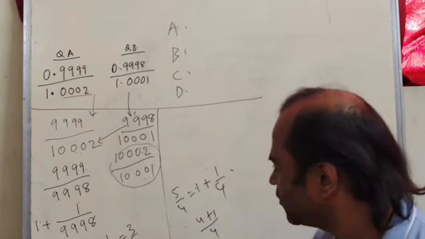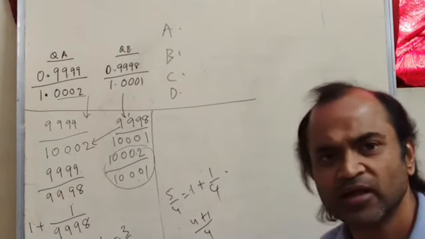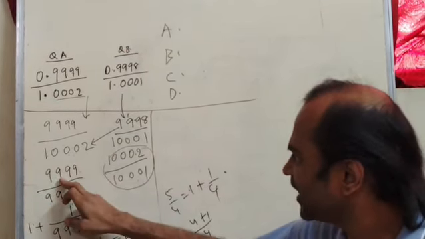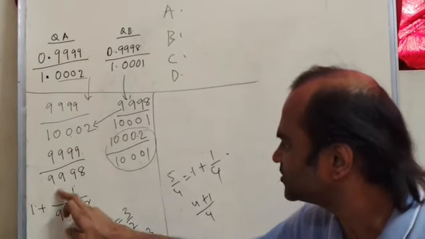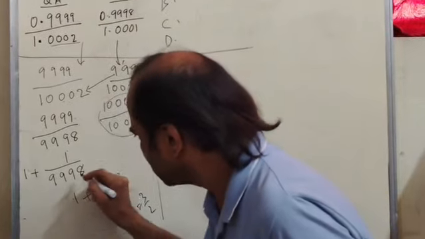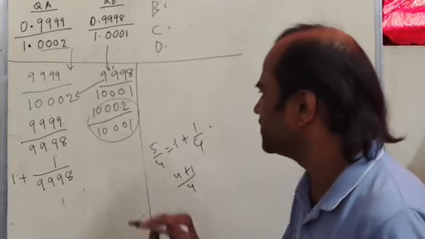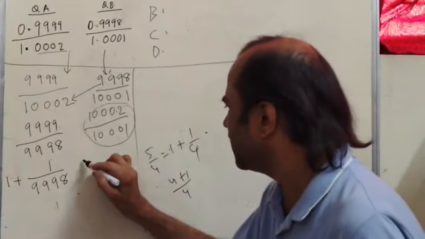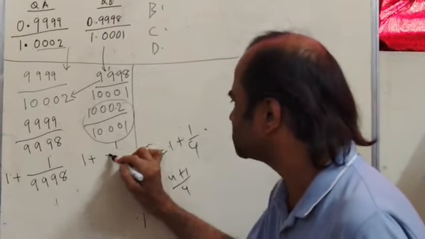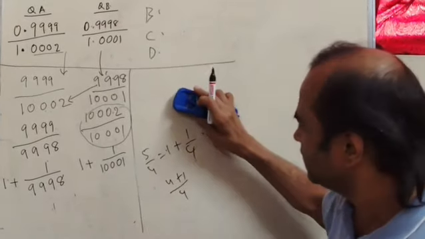Here also, 2 into 1, 2 plus 1 over 2, that is 3 over 2. Similarly, this fraction in quantity A can be split up as 1 plus 1 by 9,998. Similarly, the fraction under quantity B, I can split it up as 1 plus 1 over 10,001, isn't it?